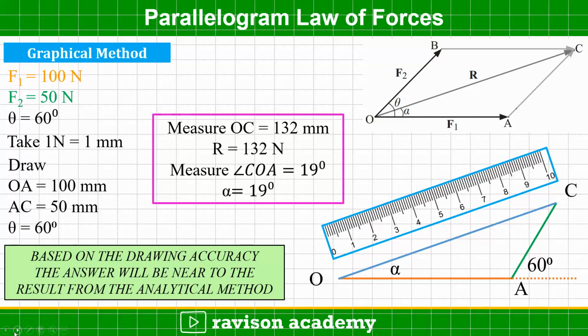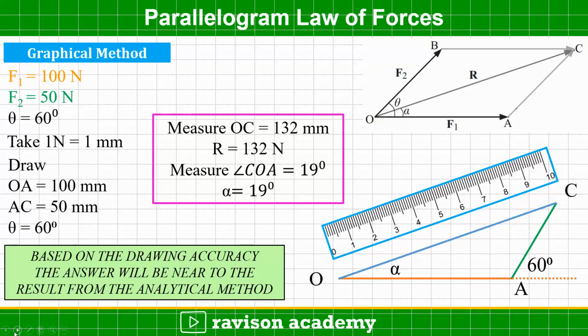This problem can also be solved by the graphical method. So here F1 is 100 Newton, F2 equals 50 Newton and theta equals 60 degrees. We take 1 Newton as 1 mm. So for 100 Newton, we draw a horizontal line of 100 mm representing the 100 Newton force.